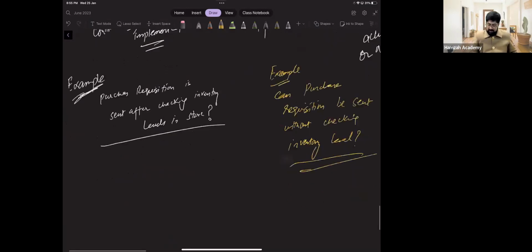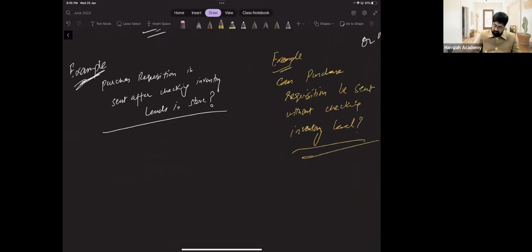Another example. Are the employees set up by the HR department in the company?